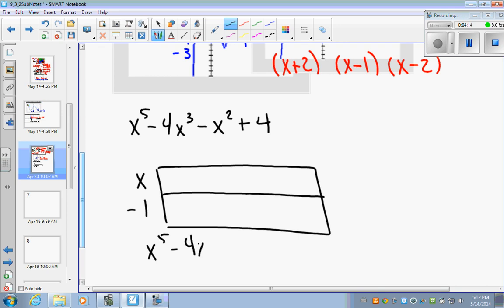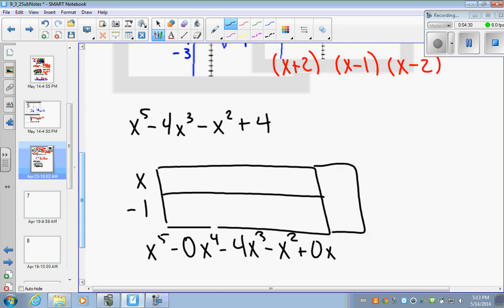and then I'll stop the video so that you can finish it up. I'll make another video with the solution. Oh, hey, look at that. There's 0x to the 4th. Remember, I need that placeholder in there. And then x squared, there's 0 x's. And then there's the 4. So there were a couple zeros in there.